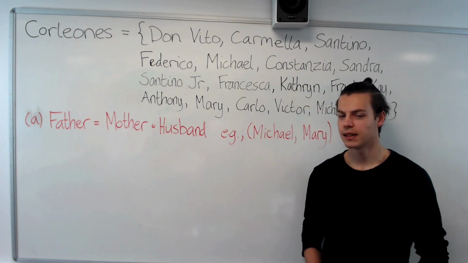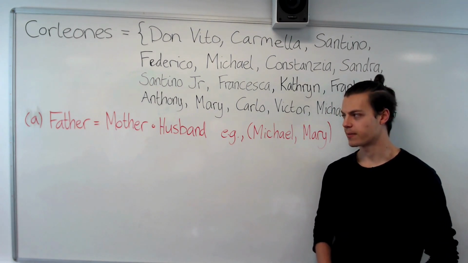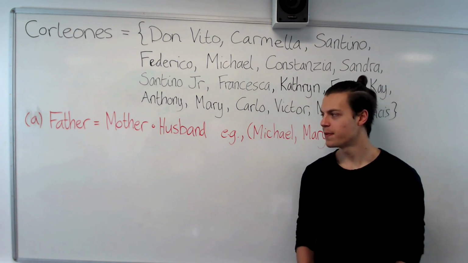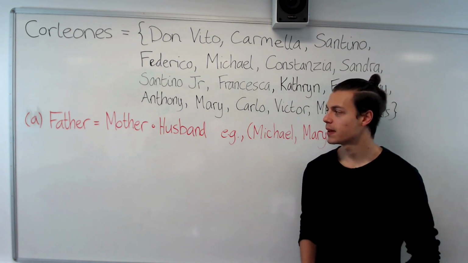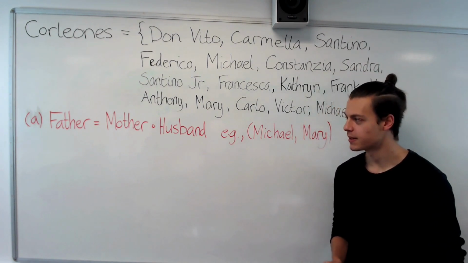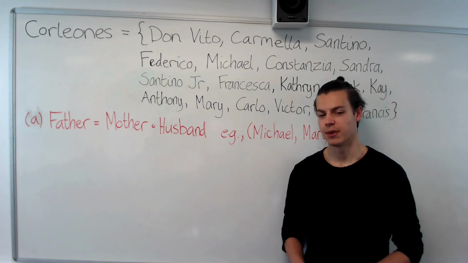Our second task is to define the wife relation in terms of the husband relation. Now in this family, person X is the wife of person Y if and only if person Y is the husband of person X. And so this is an inverse relation.